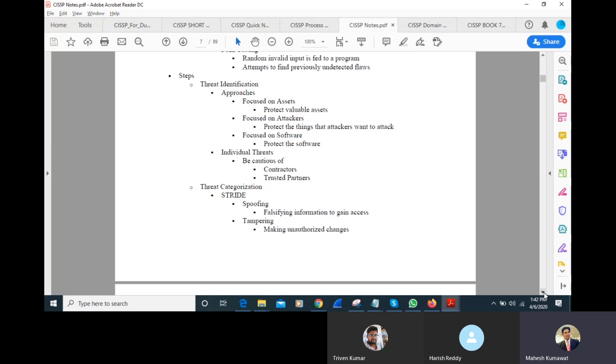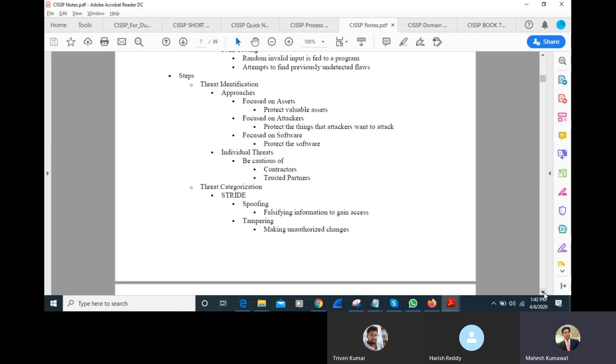So how do you identify the threats? You need to provide some approaches. Focus on assets: what assets you have and how to protect all the assets. Focus on attackers: what different attacking things there are. And focus on software, protect the software.